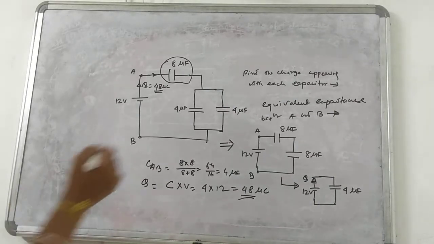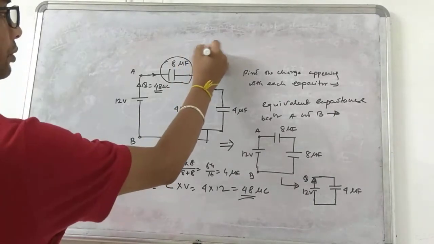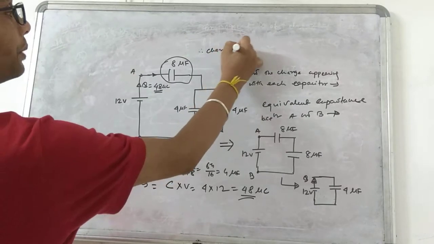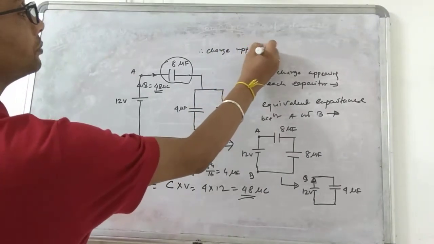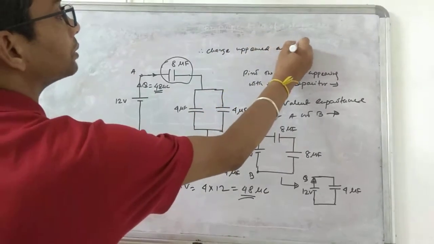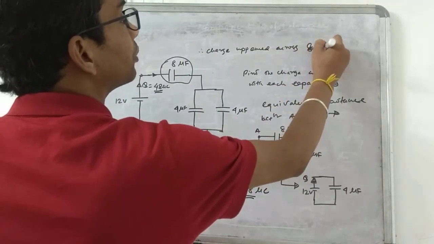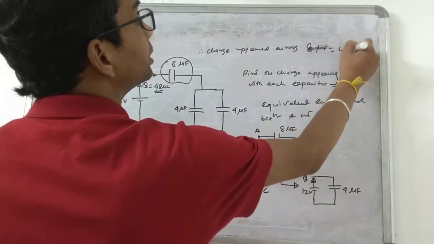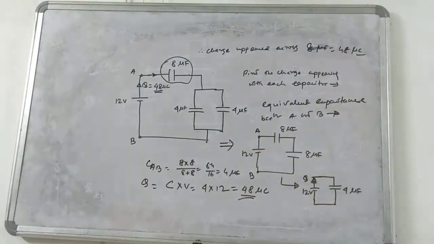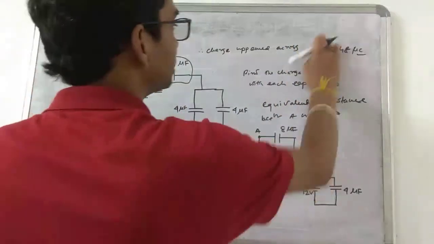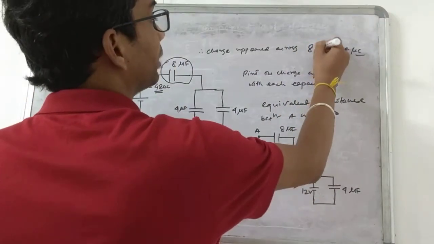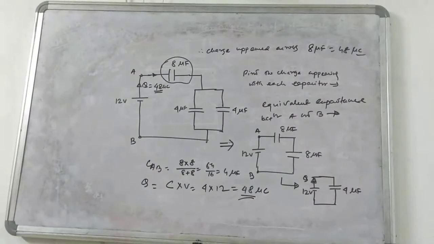So the charge appeared across 8 microfarad is equal to 48 microcoulomb.